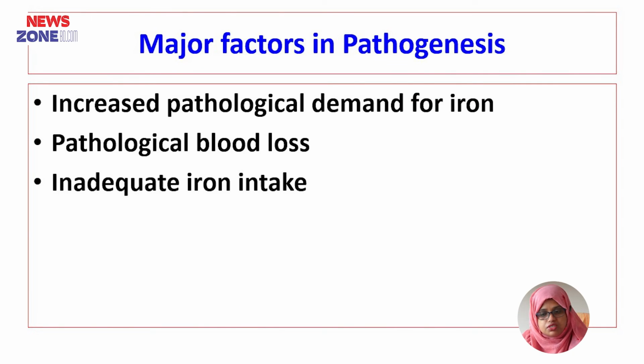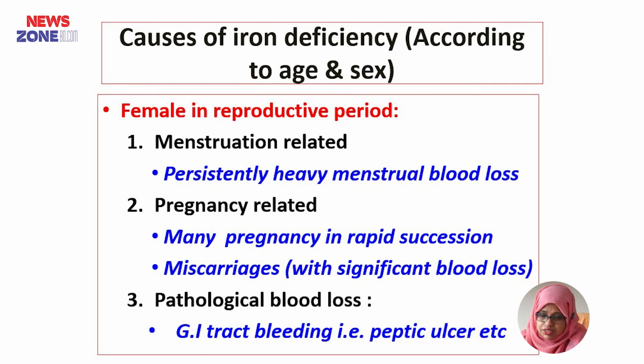Why does iron deficiency occur in our body? It may occur due to increased pathological demand for iron, or pathological blood loss, or inadequate iron intake. What are the causes of iron deficiency according to age and sex?